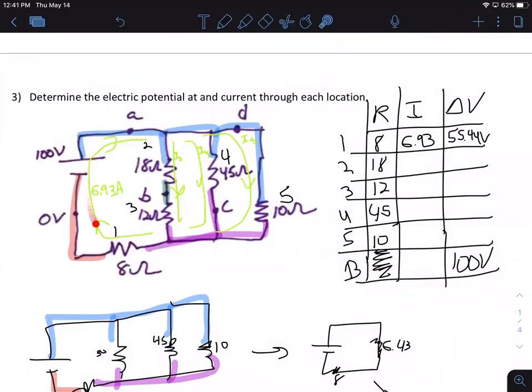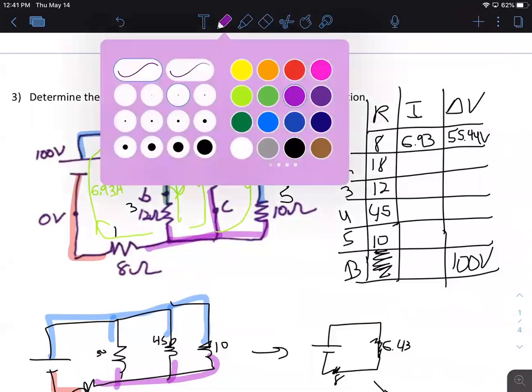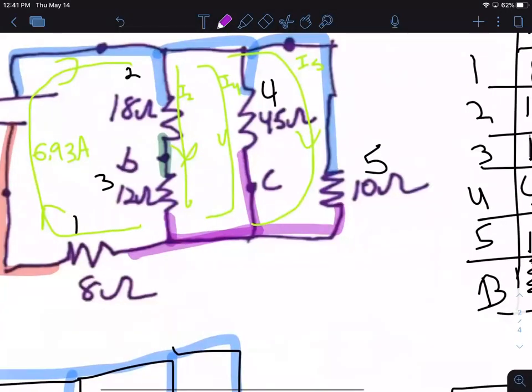We said that current is going through the 8 ohm, and so the delta V is 55.44 over this 8 ohm resistor. Knowing that, if we have 0 on one side, that means this other side must be 55.44 volts.